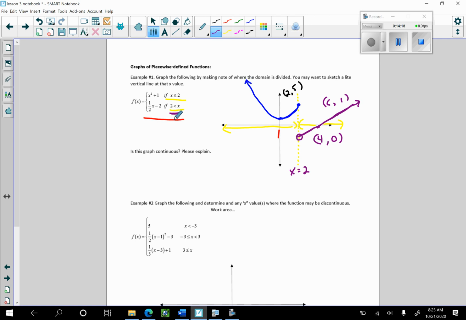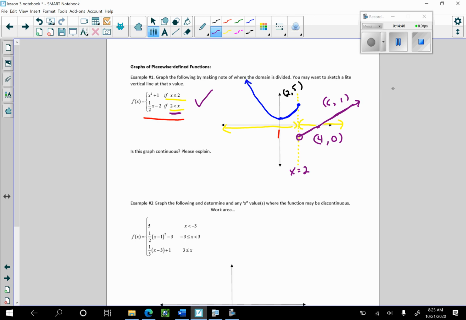How do I know to put the open circle or closed circle? You put the open circle when the x value does not equal that value. But you have to sketch the line all the way to this line, x equals 2. And in theory, this vertical line is not part of the graph. The part of the graph of this piecewise function is simply the blue and the purple.